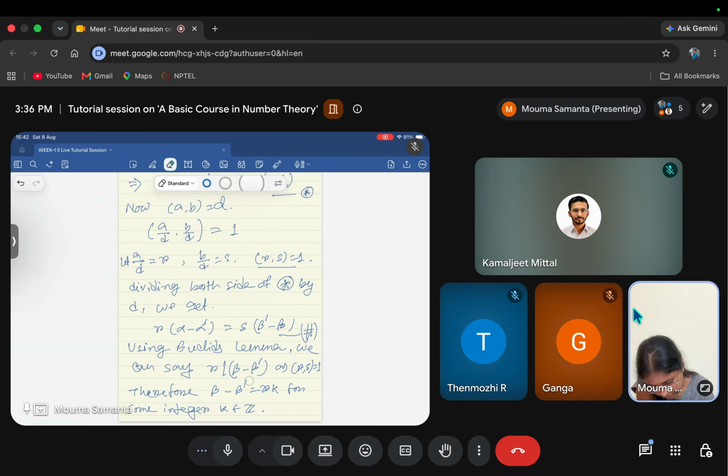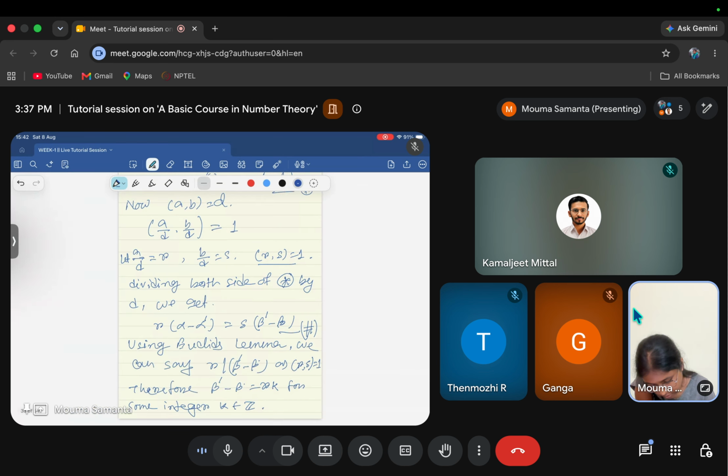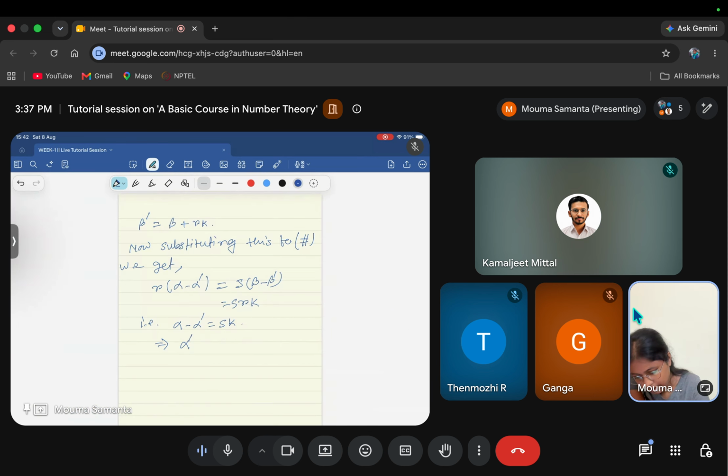We should write beta prime minus beta. So R divides beta prime minus beta, and beta prime minus beta equals to RK. Therefore beta prime equals to beta plus RK. And then alpha minus alpha prime equals to beta prime minus beta, and this is equals to RK.